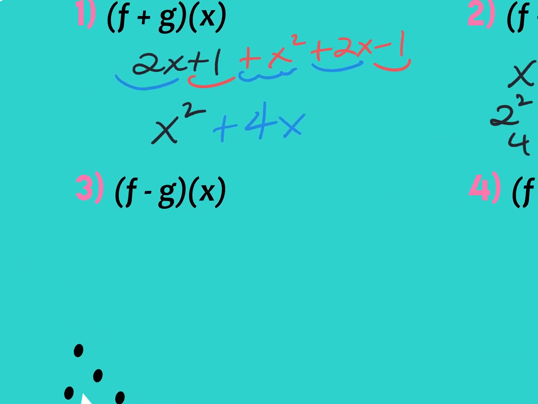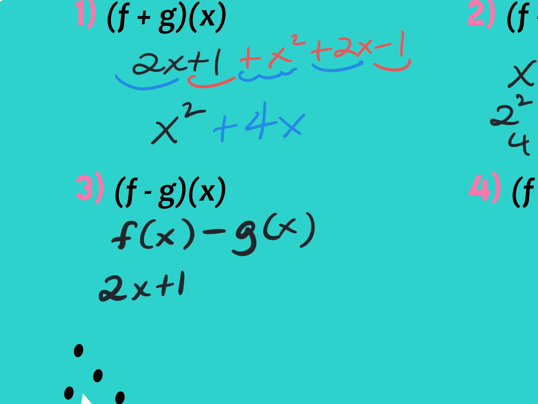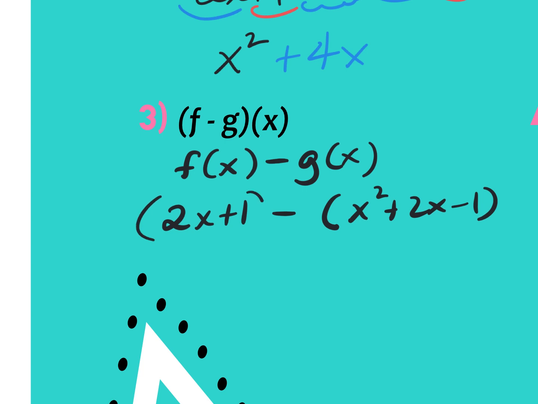So I'm going to write the f of x function down first. What I'm really doing here is f of x minus the g of x function. My f of x function was the 2x plus 1, and now I'm going to subtract the entire g of x function, x squared plus 2x minus 1. Here's where I'm going to do my keep, change, flip.